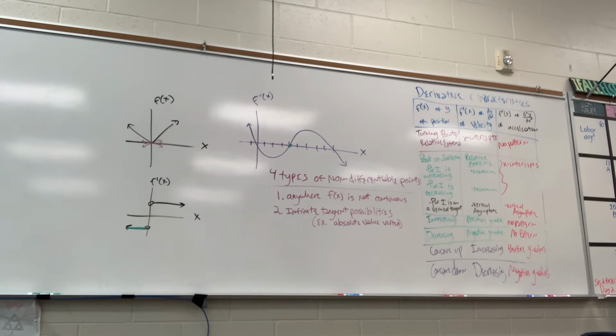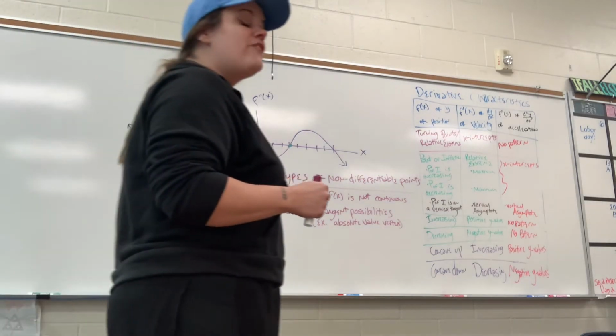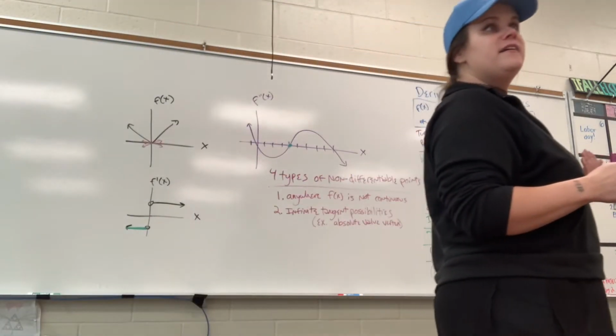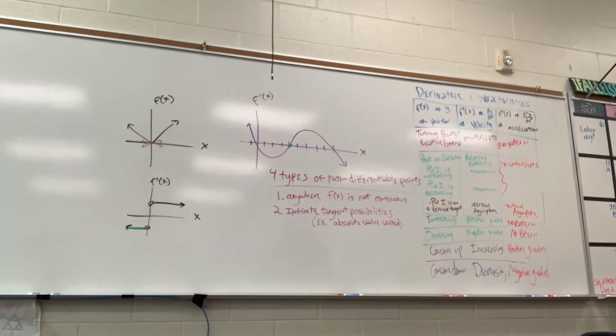Our next type of continuous point that will not have a derivative, we've already talked about. Anybody think they remember? It's already on your notes. We've already talked about a time that makes a vertical asymptote on the first derivative.